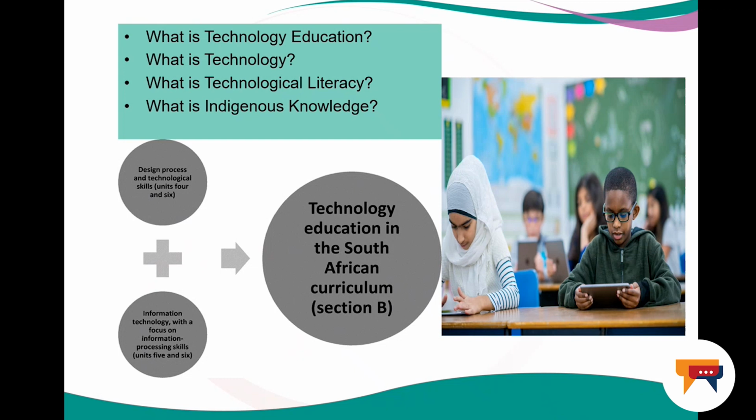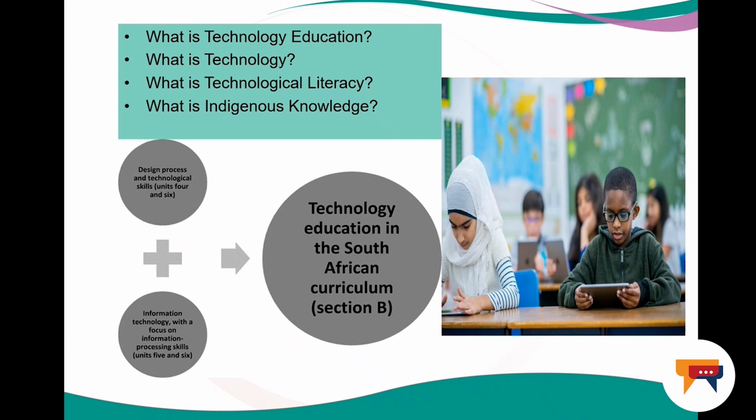So what's important is that the current curriculum policy documents are both the National Curriculum Statement, the NCS, as well as the Curriculum and Assessment Policy Statement, which is your CAPS document, that outline the aims of the South African education within the schooling level of grades R to 12.